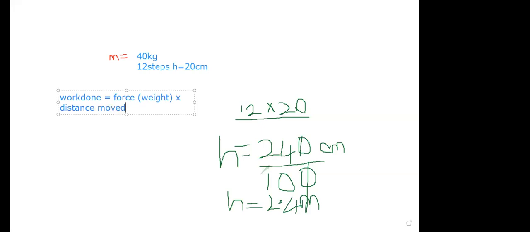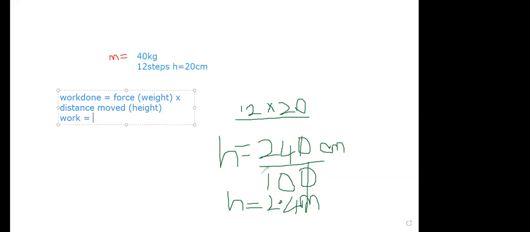In case of moving up, we say times the height. So that means that in this case, our work done will be equal to force.